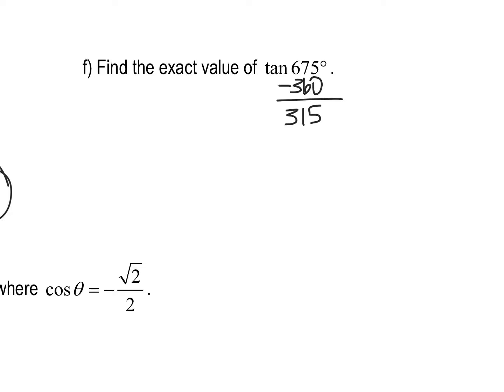Okay, so that means I'm at 315 degrees. That's almost to 360, so quadrant 4. So what I'm going to do here is draw my pic in quadrant 4. There is 315 degrees. Figure out what that reference angle is. How far away from 360 is it? 315 to 360 is a difference of 45 degrees.